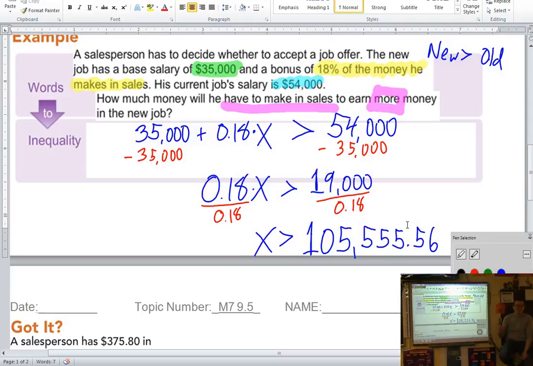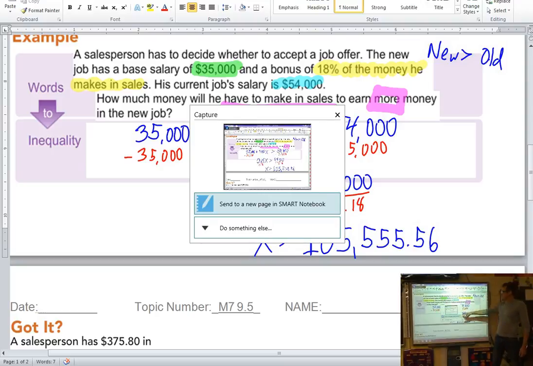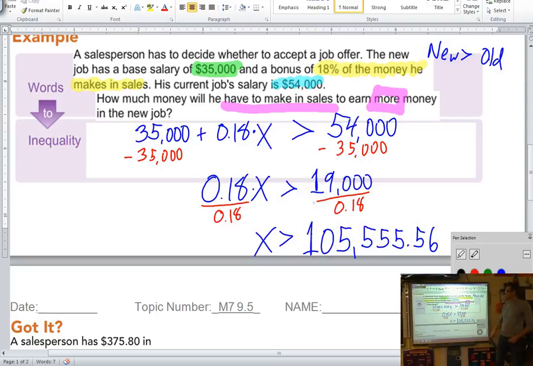So if he doesn't suck at his job, and let's just be honest here, he should be able to make that much. But like we said, now if he's selling watches, how many watches would it take to sell $9,000 worth of items? A lot. So it depends on what the job is. But he would have to make over $105,000 in sales in order to beat the previous job.